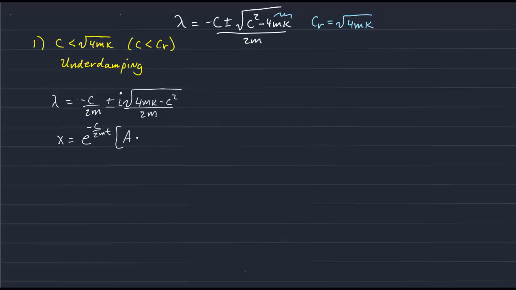So I'll go ahead and write that as cosine of the square root of 4mk minus c squared all over 2m, multiplied by t. And then we get our sine term, where we'll put the coefficient as b, sine of all of this.